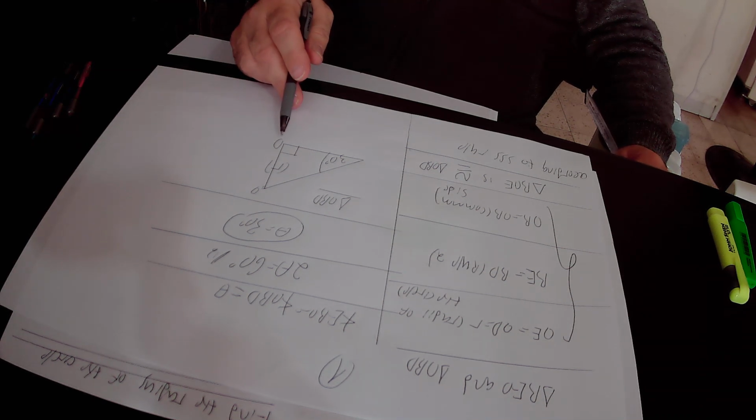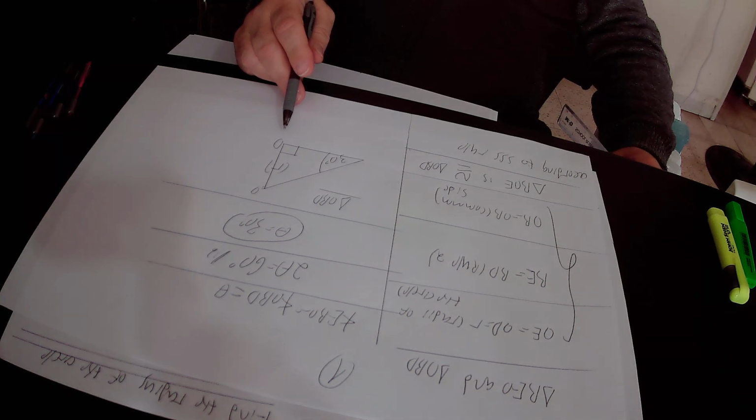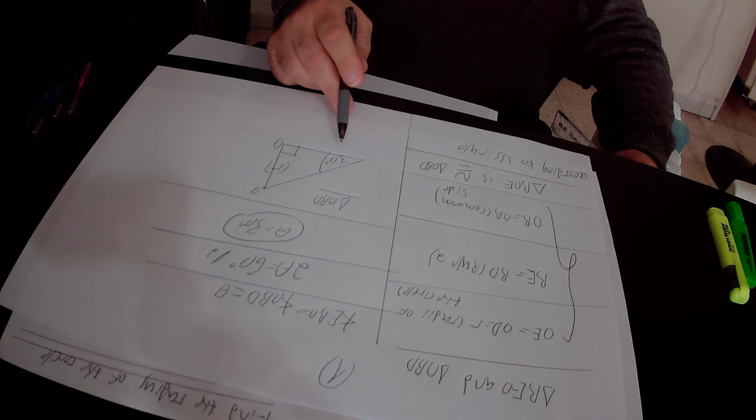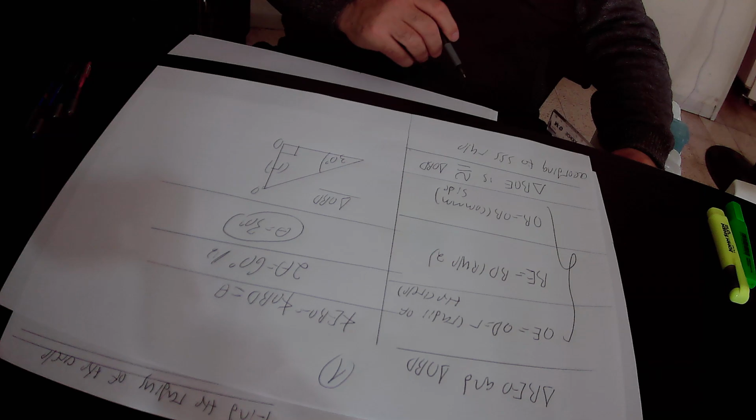Side OD is the radius of the circle that is equal to R, and this is angle theta that is equal to 30 degrees in its size.